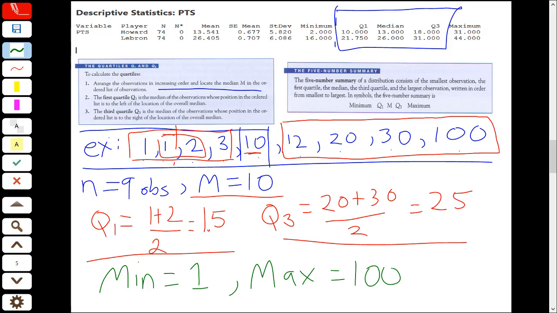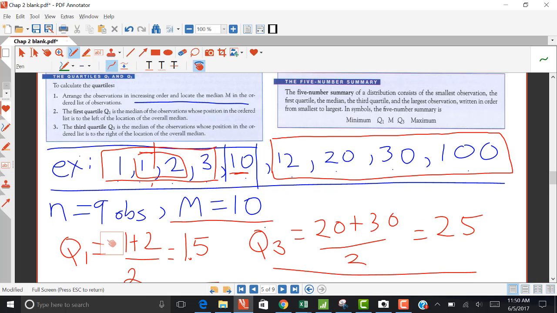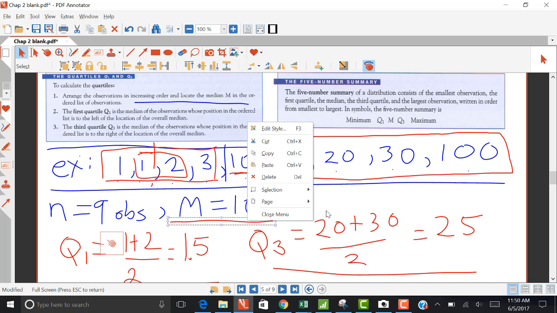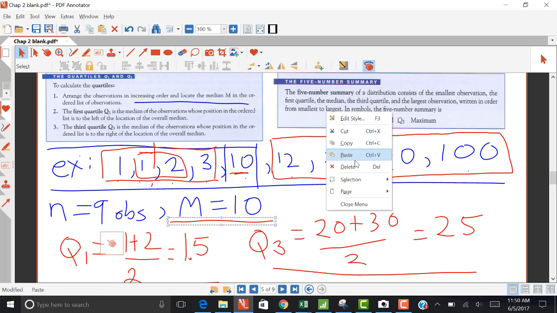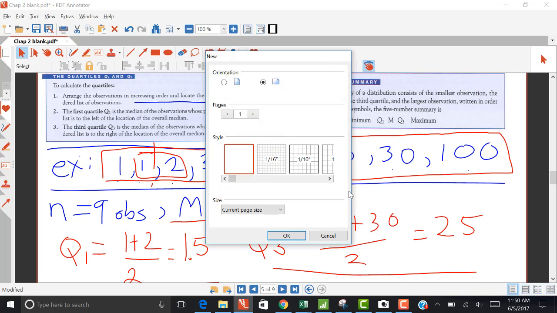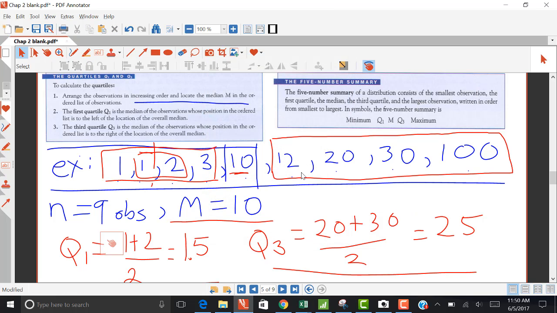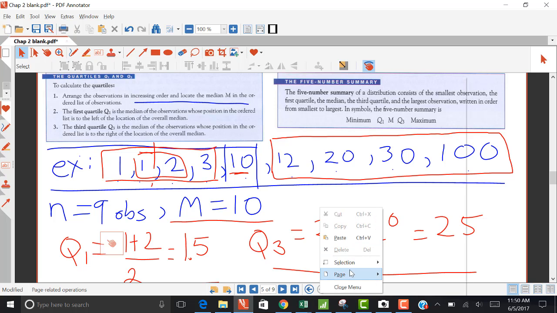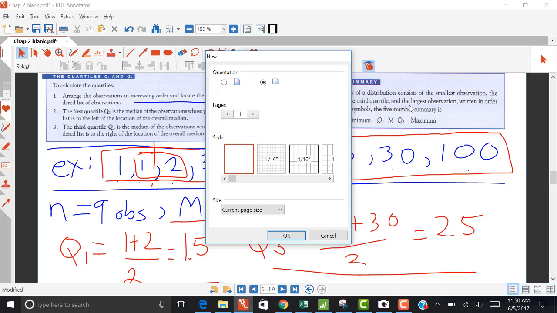So what I want to do now is think a little bit more about LeBron James' 5-number summary. So let me get a new page in here. I want to append a page on this. There we go.